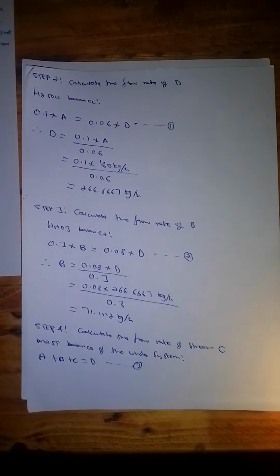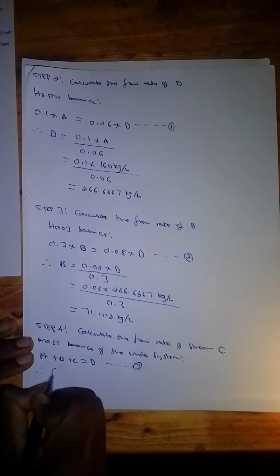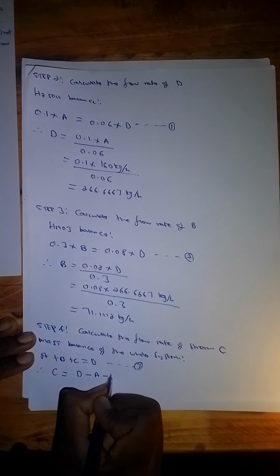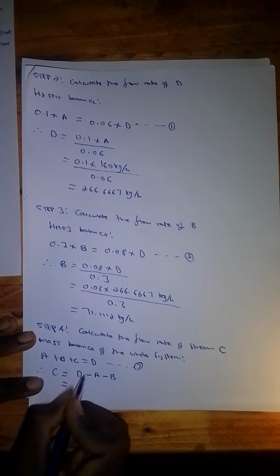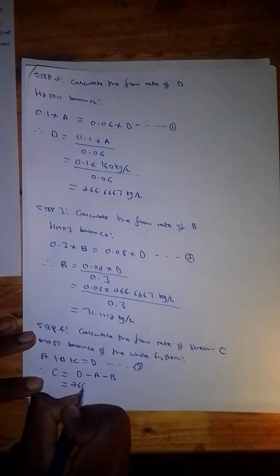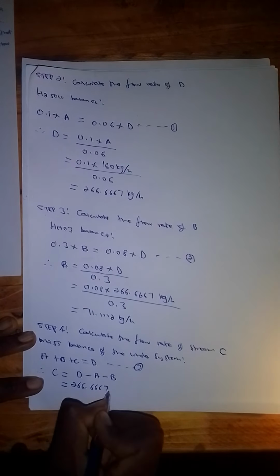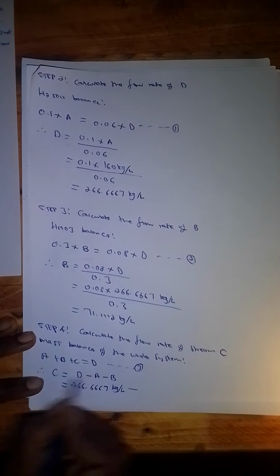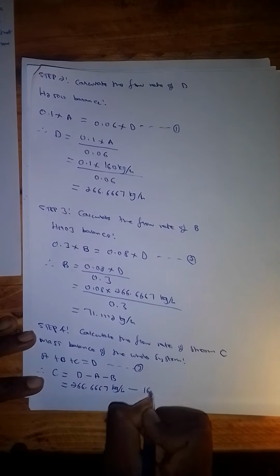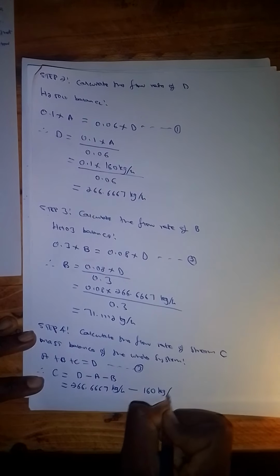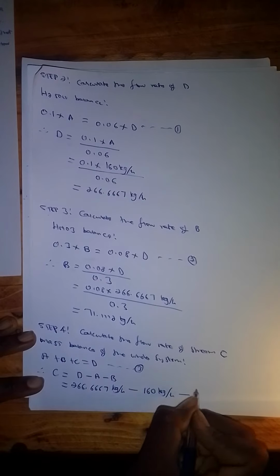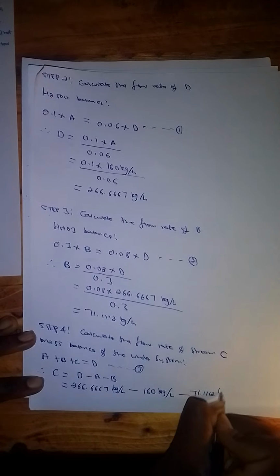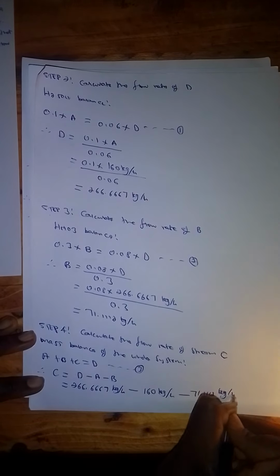So A plus B plus C equals D. Therefore, C equals D minus A minus B, which is 266.6667 kilograms per hour minus our A, which is the basis of 160 kilograms per hour, minus our B, which we just calculated to be 71.1112 kilograms per hour.